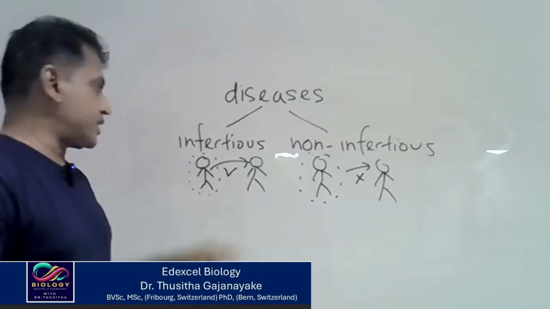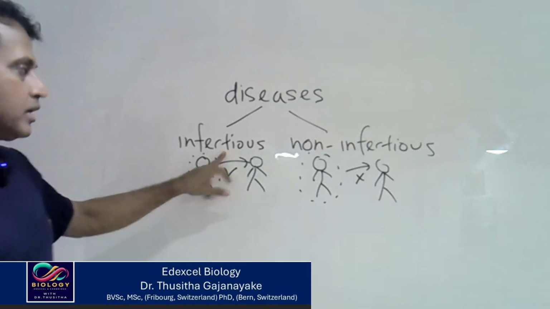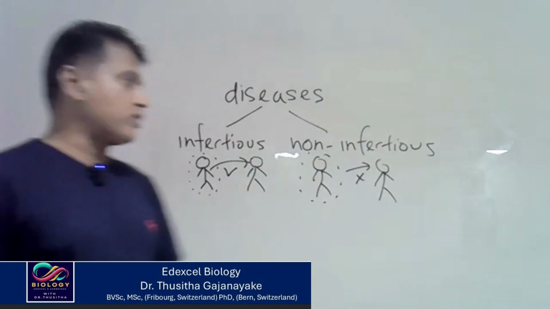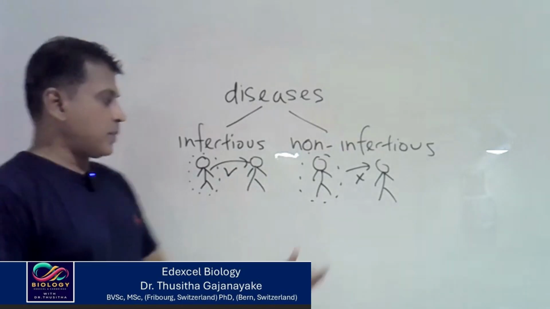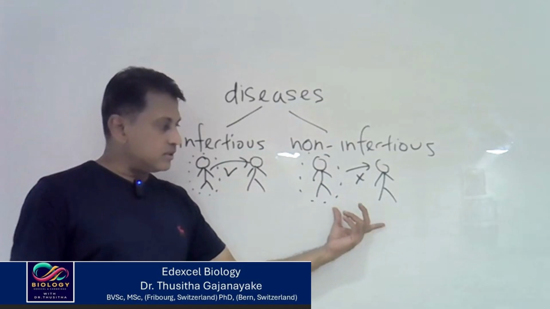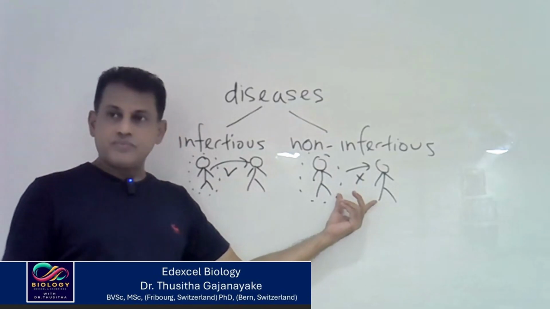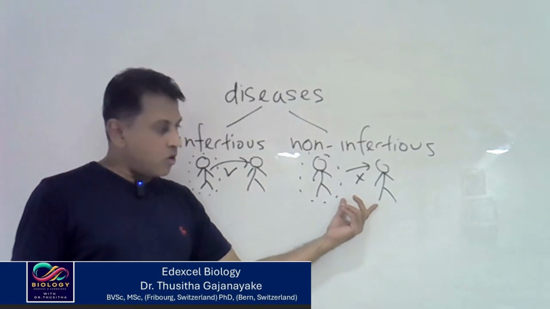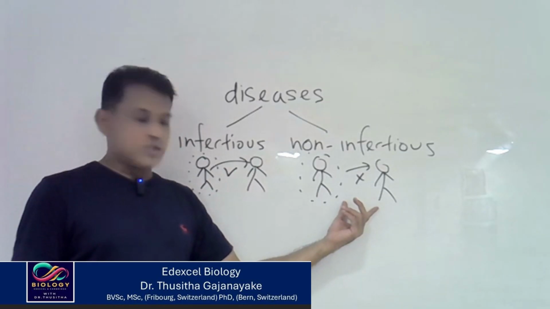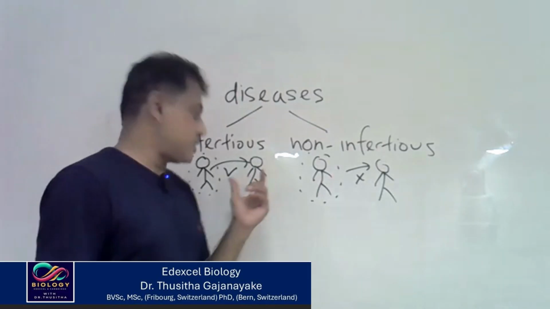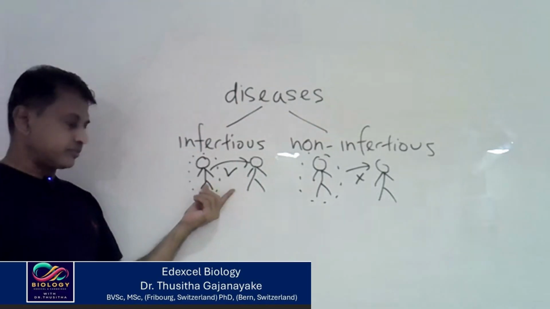So infectious disease is caused by pathogens, non-infectious disease is caused by other factors, not pathogens. For example, heart attack, cancer, diabetes, or some kind of psychological disorders, depression, autism. These kinds of things cannot be transmitted to others. But these other diseases can be transmitted.